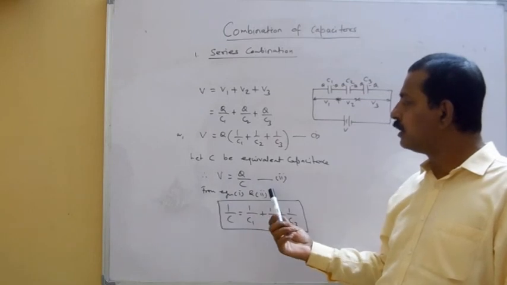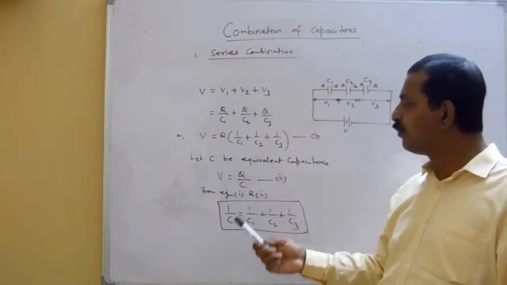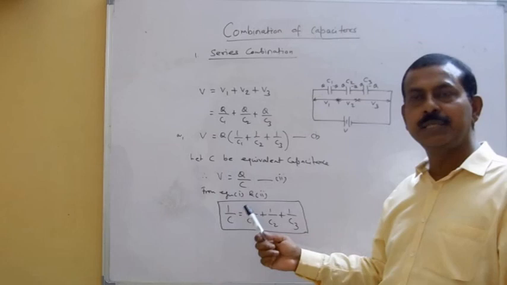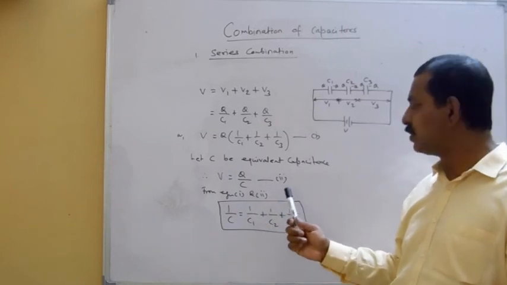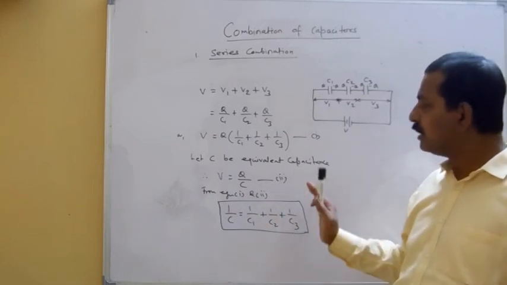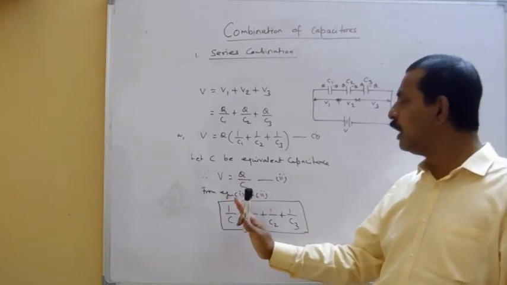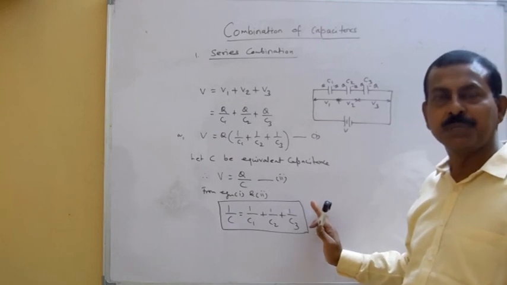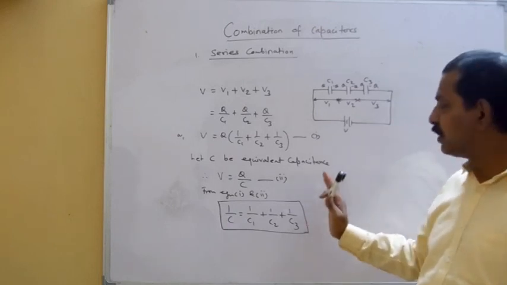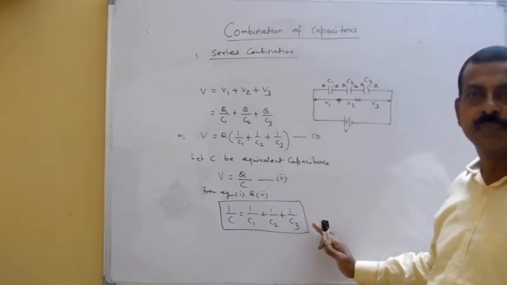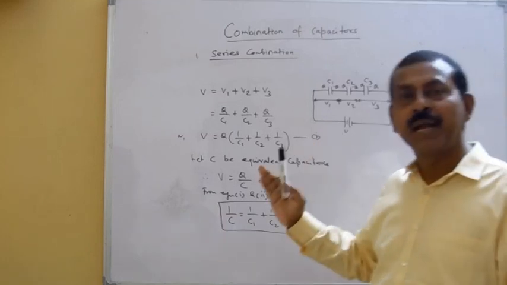Now if you equate equation 1 and 2, you will find 1 by C equals 1 by C1 plus 1 by C2 plus 1 by C3. This is the expression for equivalent capacitance relation for the individual capacitors which are joined in series. Now let's do for parallel combination.